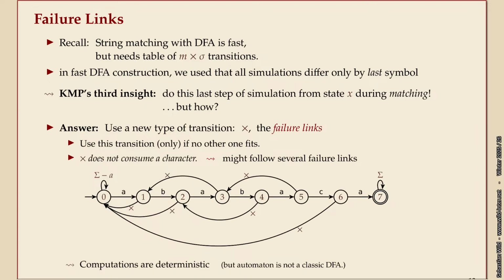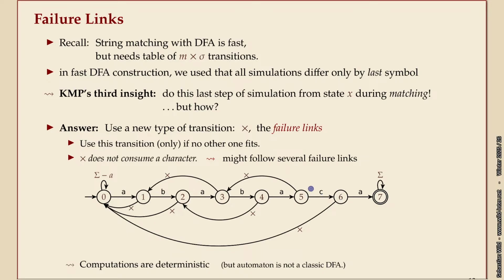But if you don't, then you can slightly modify the type of automaton and the type of computation on these automata, and then the dependence on sigma can be avoided. In the automata world, what we use is now a special type of arc called a failure link, where the rules are you're forced to take the failure link if you cannot follow the edges with characters.